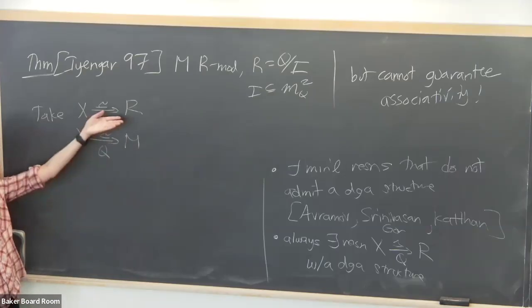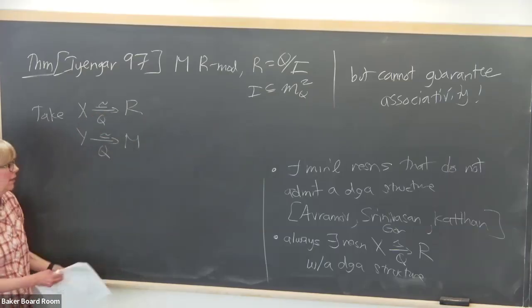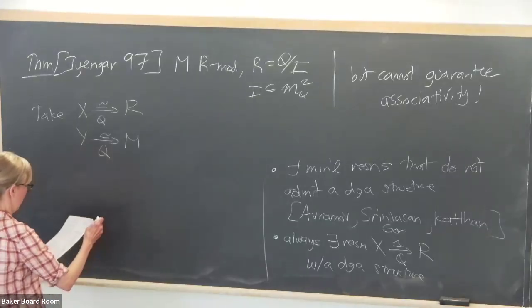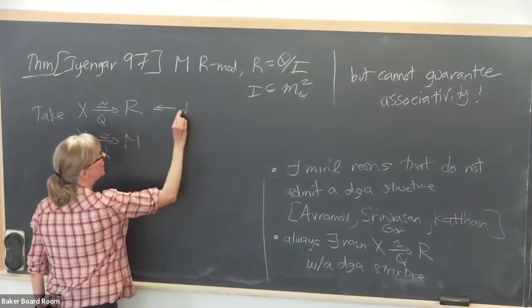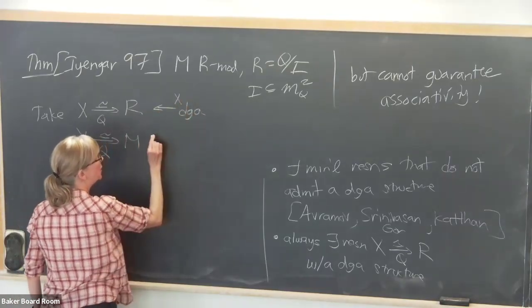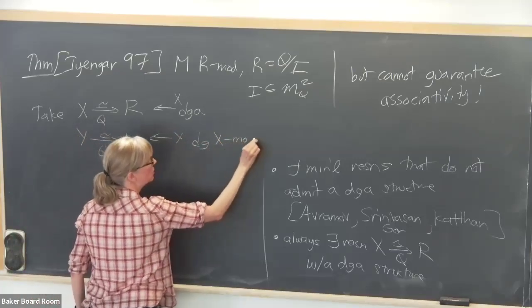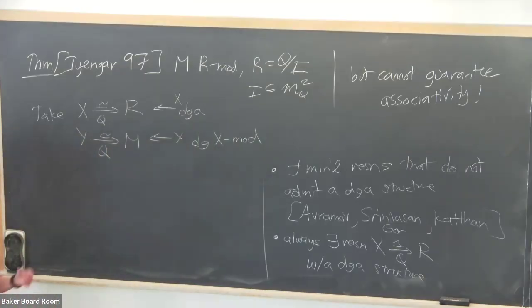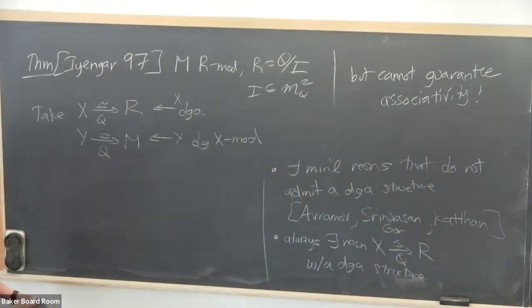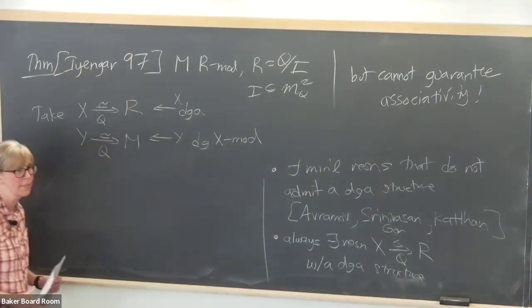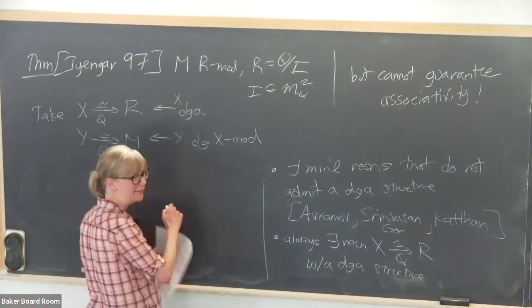But together, this is going to give a resolution of M over R. So taking these two, choose them such that X is a DG algebra and Y is a DG X-module. And if you just make them a little bigger than the minimal, if necessary, then you can always assume that this is true.